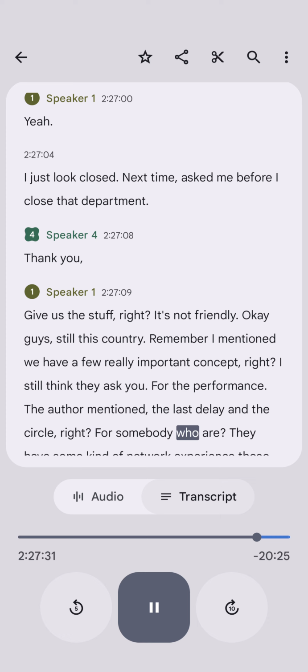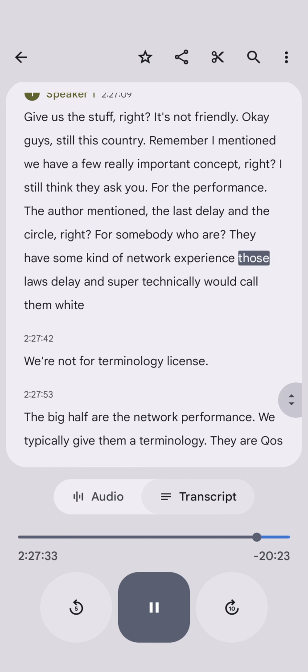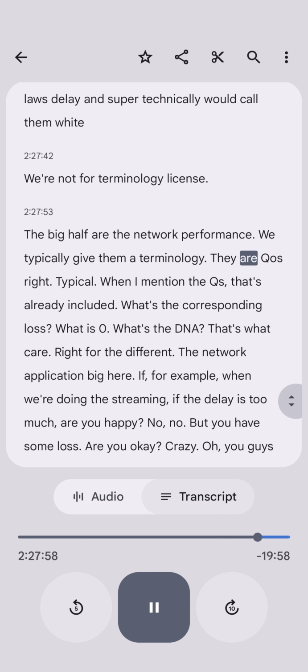For somebody who already has some networking experience, what do we typically call loss, delay, and throughput? When we talk about network performance, we typically give them a terminology. They are called QoS. Typically, when we mention QoS, it's all related to this: what's the loss, what's the throughput, what's the delay. That's what we care about.